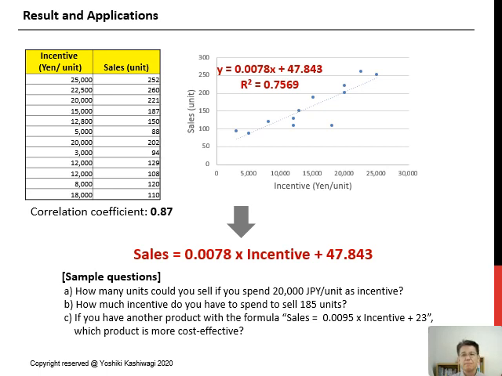So then you can say, yes, if the incentive can explain 76% of the sales result, then we can rely on this formula, although we really don't know what is there for the remaining 24%.